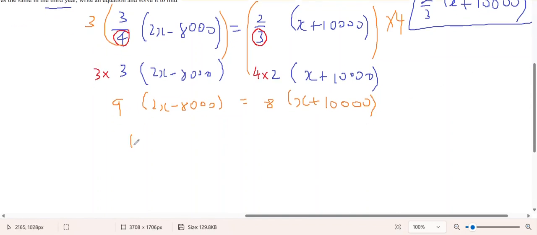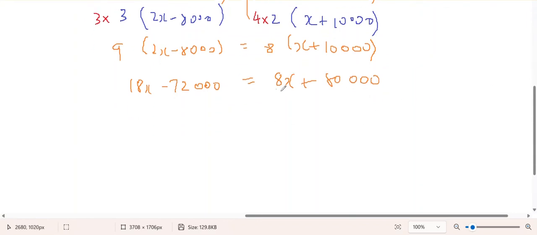So multiply this out, 18X minus 72,000 equals 8X plus 80,000. Move the 8X over, 18X minus 8X equals 80,000 plus 72,000.